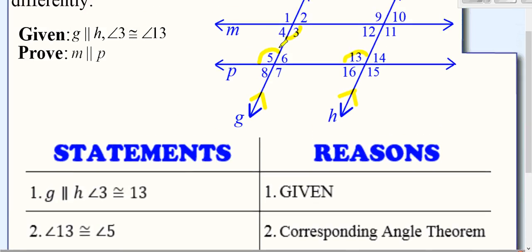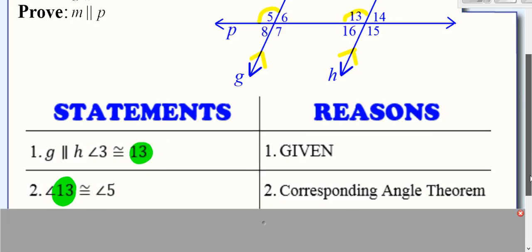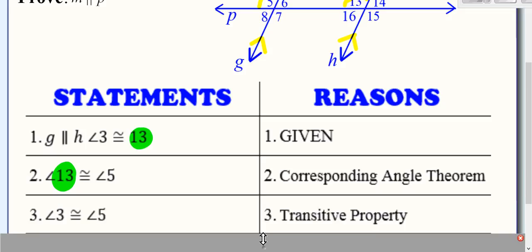We can tie 3 to 5 because we used 13, kind of the middleman here. So we can write the transitive property. When you get rid of that middleman, 3 to 13, 13 to 5, we can go straight 3 to 5.